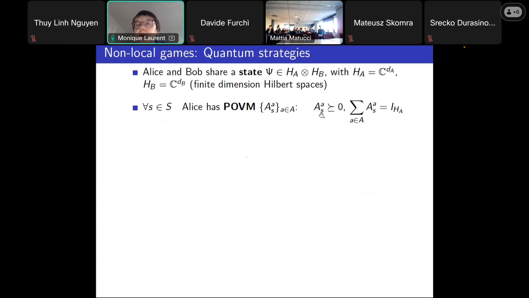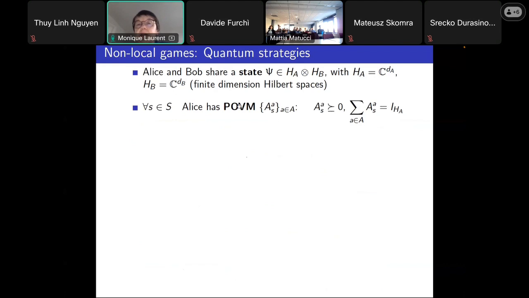So AAS is Hermitian PSD, and they sum up to the identity when you sum over the answers. Such a thing is called a POVM, which stands for a positive operator valued measurement. Positive operator valued, because these A's are matrices, are operators, and a measurement.